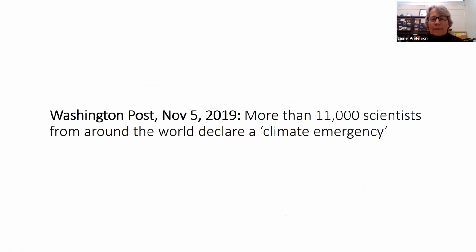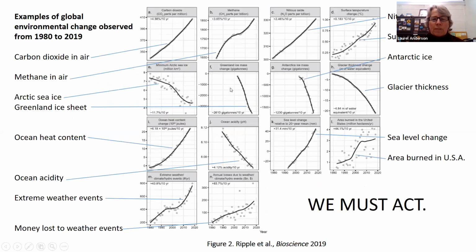In 2019, we had scientists around the world declaring a climate emergency, and they published a paper that has all of these different trends from basically 1980 to 2019, showing concerning trends.